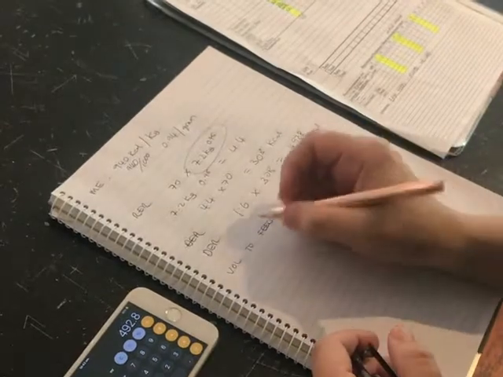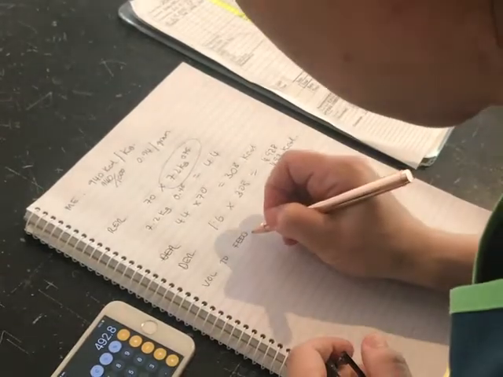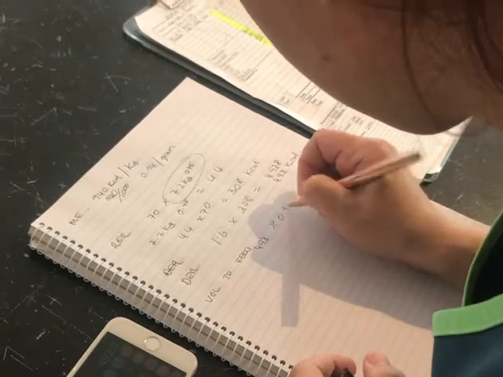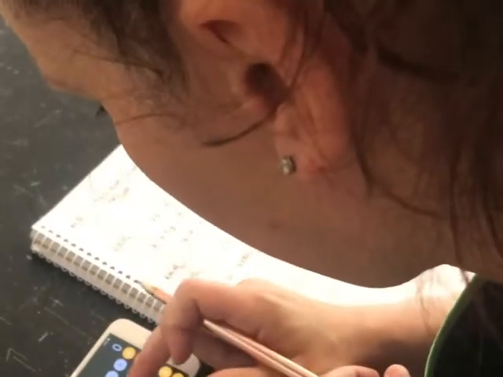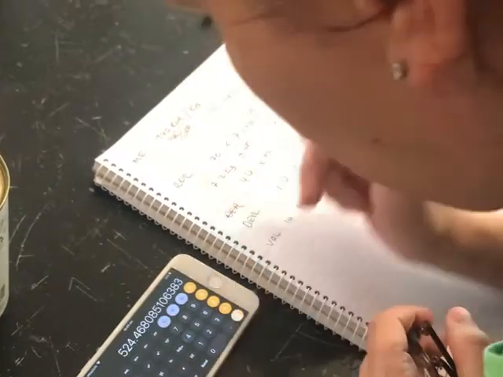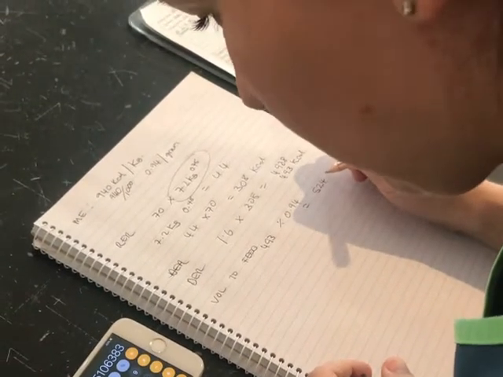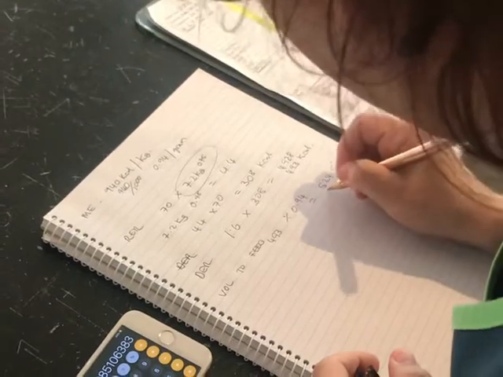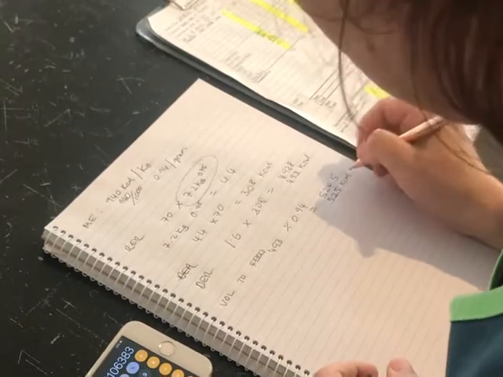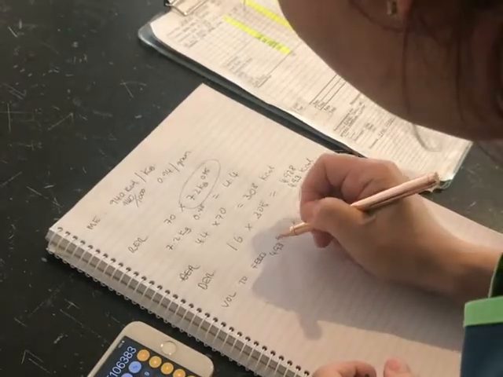So then to work out his volume to feed, we have to divide his 493 calories by 0.94. So 493 divided by 0.94 equals 524.5, or 525 grams to feed.